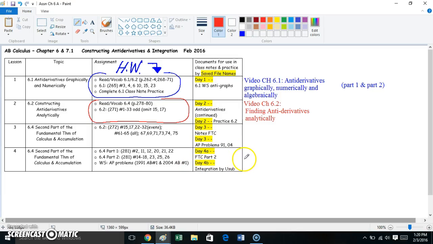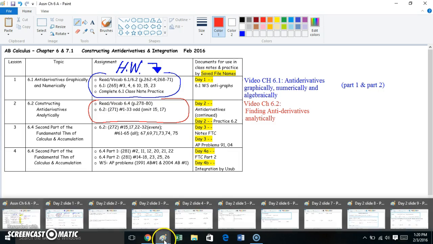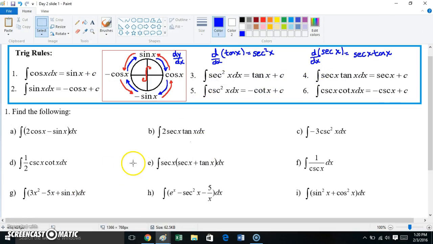In section 6.2, we're going to look at constructing antiderivatives analytically. Just to refresh your memory about the derivatives that we've already learned, I have a little picture here of a circle with positive cosine, negative cosine, positive sine.